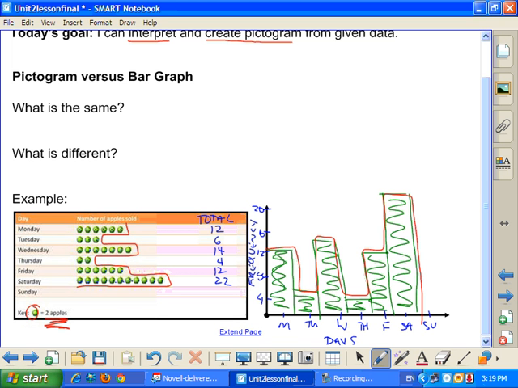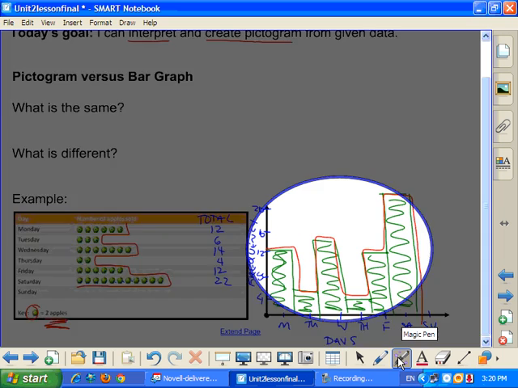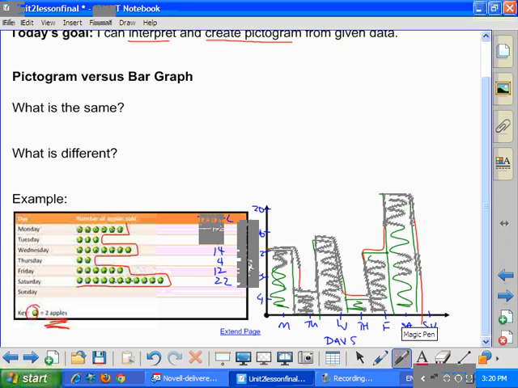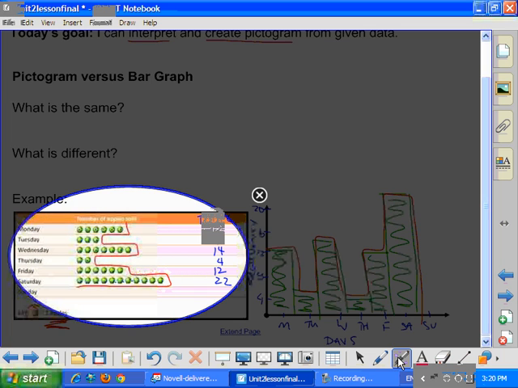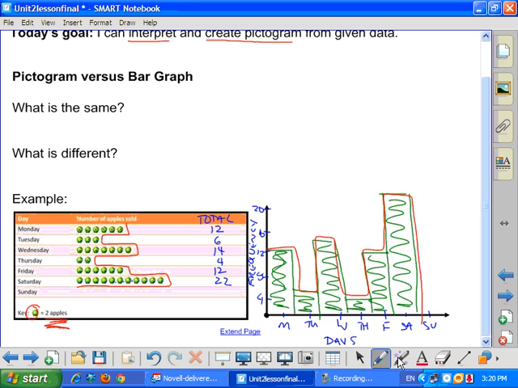If you put this in a newspaper, people are more apt to relate to how many apples, because they're actually looking at pictures of apples, than if they're asked to read off a graph. So this is a more user-friendly method, and you'll see this more commonly in the newspaper because it just seems to be more comforting.